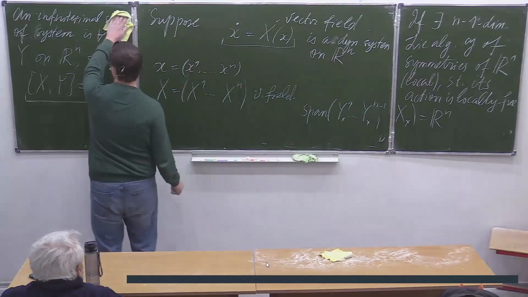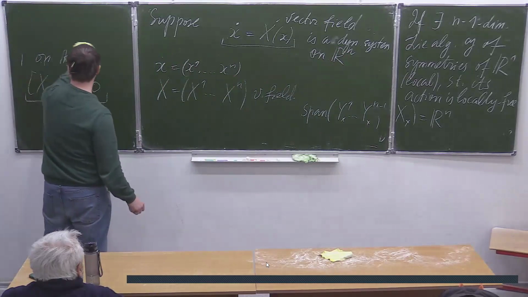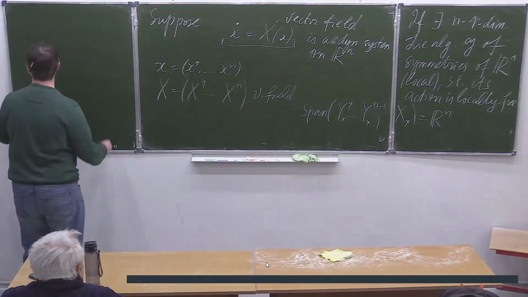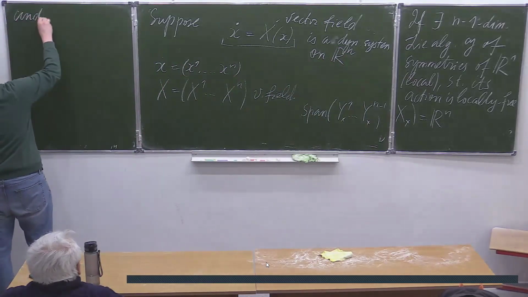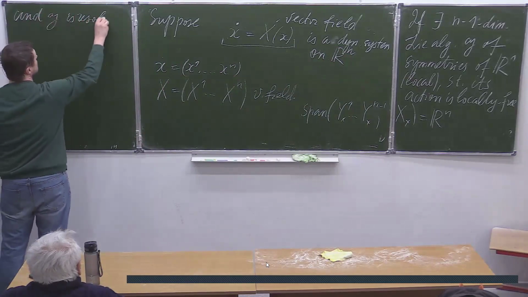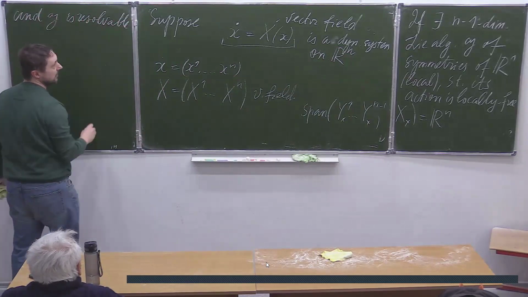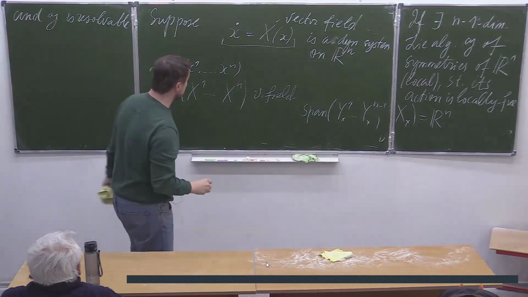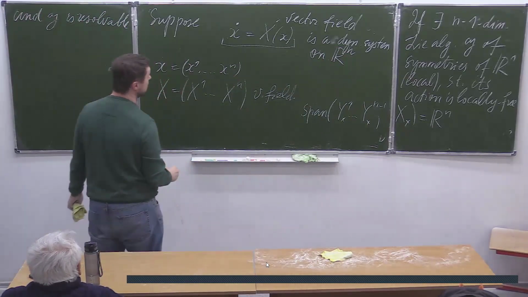And this Lie algebra G is solvable. Then the system is integrable in quadratures.